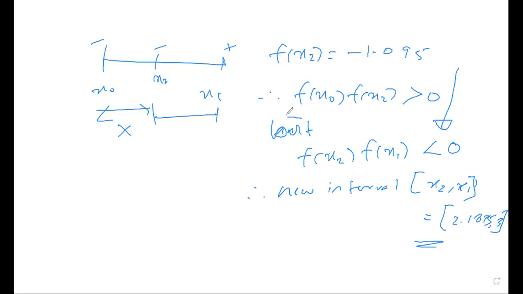All right, so still we are not finished. We have to go to the next iteration. So we have found our x2 and x0 are same now, 2.1875, and this is our x1, which is equal to 3.